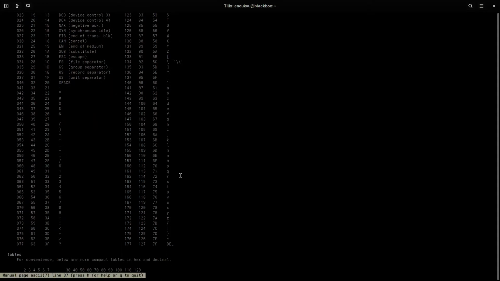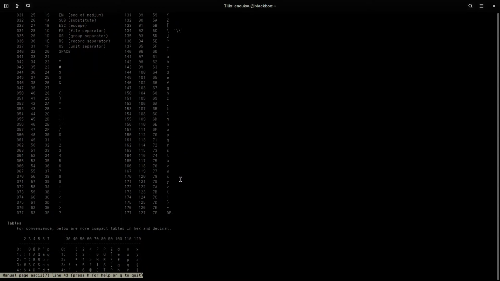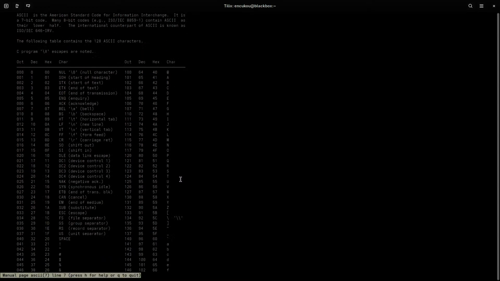Is that table even in? In what? I wonder if that table's actually in the doc. Oh, the ASCII table? I don't think it is, probably not.